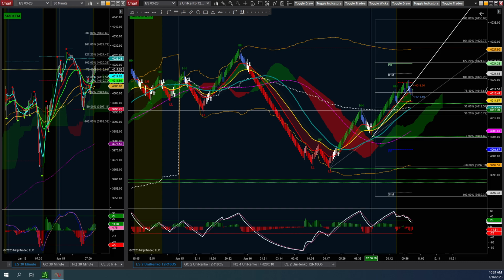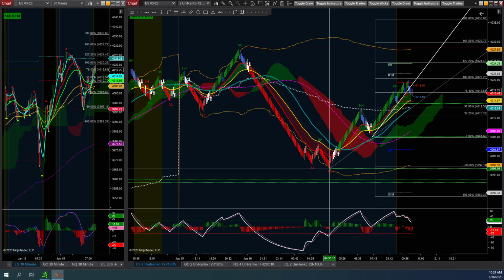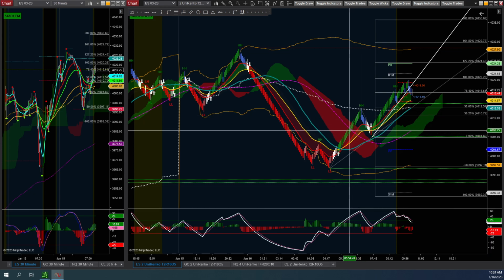I did not take it, but what I did was to estimate what was going to be the target, because when you have a run like this, you see the distance here. If you are using this tool, you can connect this low with that high, and then come back to this low here, and then you get a projection.